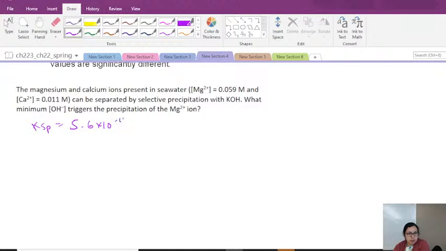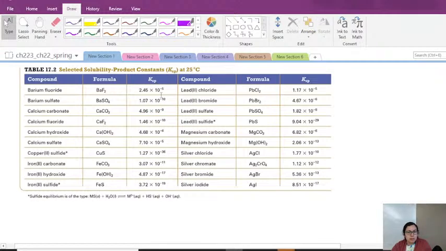5.6 times 10 to the negative 12. So 5.6 times 10 to the negative 12 for the KSP of magnesium hydroxide, correct? All right. I have a different number, but I also have this number, 2.06 times 10 to the negative 13.